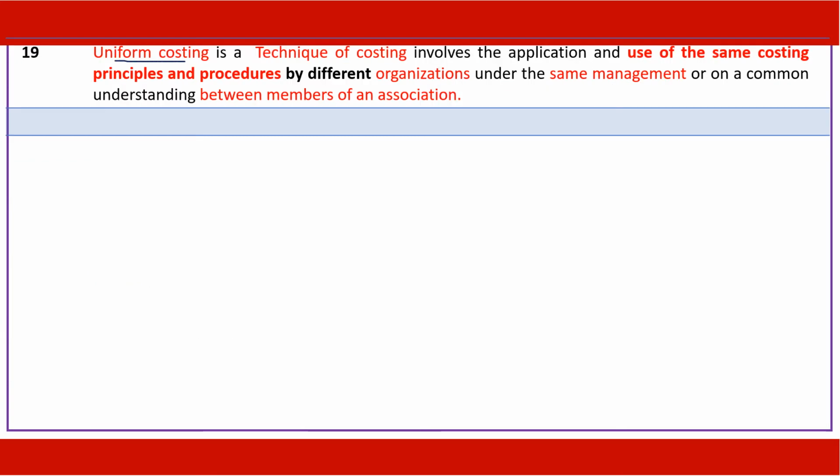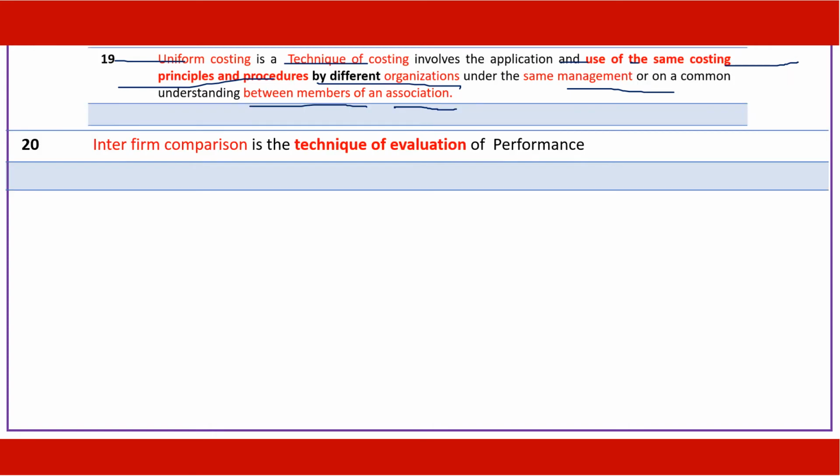Uniform costing is a technique of costing. It involves application and use of the same costing principles and procedures by different organizations under the same management, or it is used by members of an association of firms. Interfirm comparison is a technique of evaluation of performance of multiple entities.